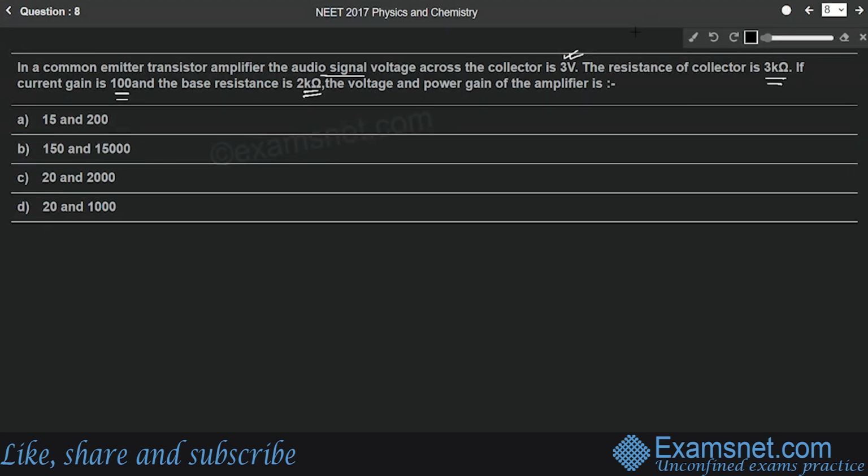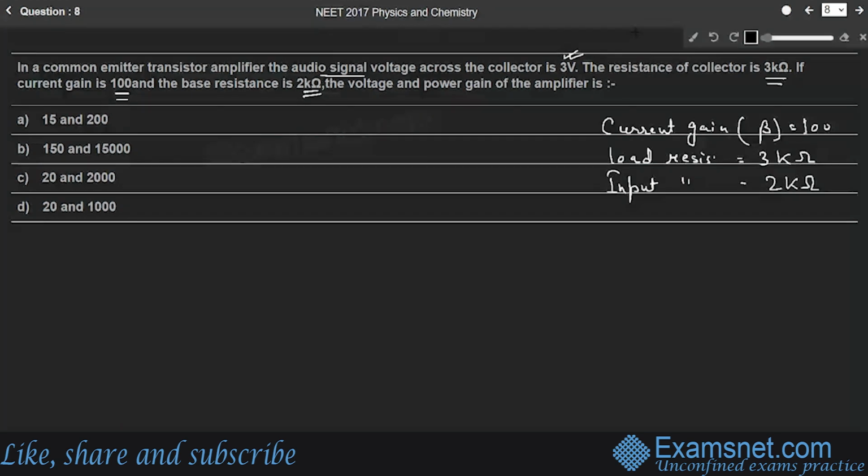Okay, so here current gain, that is beta, is given as 100, right? And the load resistance, that is the resistance of the collector, is 3 kilo ohm. And what is the input resistance? Input resistance is the resistance of the base, that is 2 kilo ohm, right?